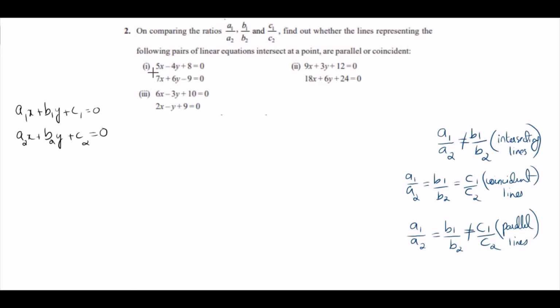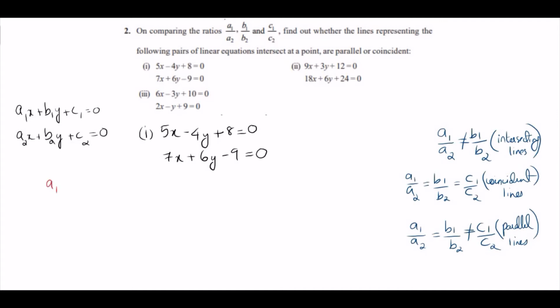So here you are given in the question a pair of linear equations in two variables. You have to compare the ratios of their coefficients and tell if you are going to get intersecting lines, parallel lines or coincident lines. You know the standard form for the pair of linear equations in two variables. So in the first question, you have a pair of linear equations in two variables. First you have to compare it with the standard form and write the values of a1, b1, c1 and a2, b2, c2.